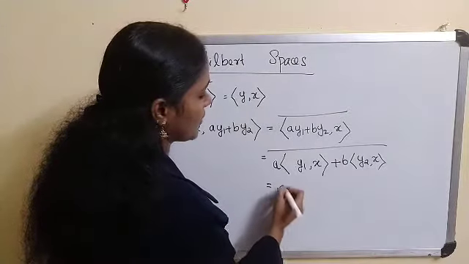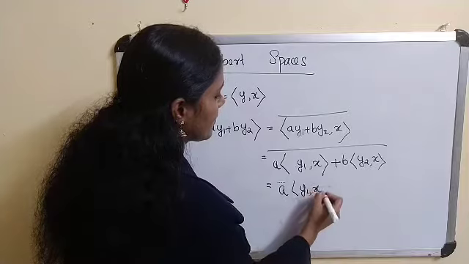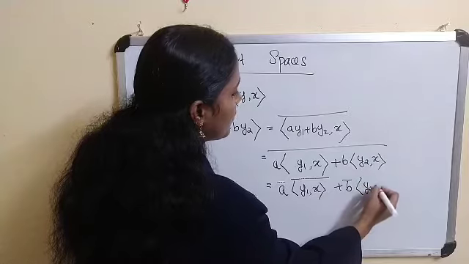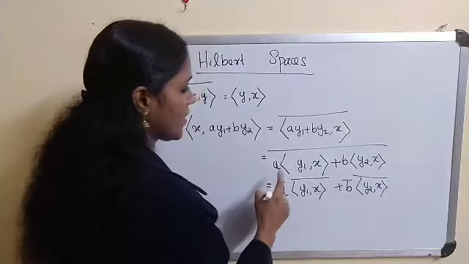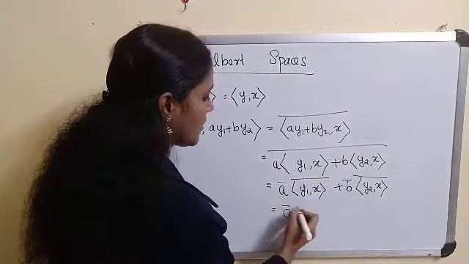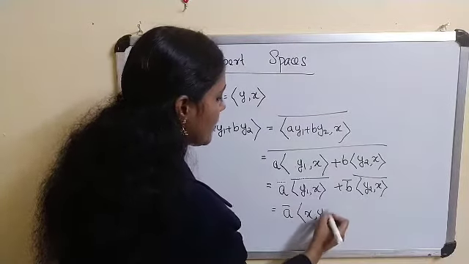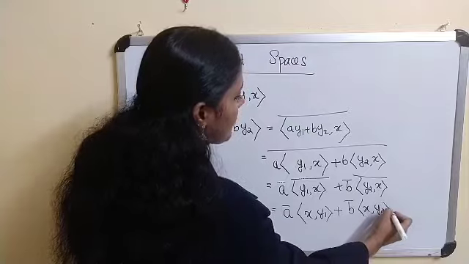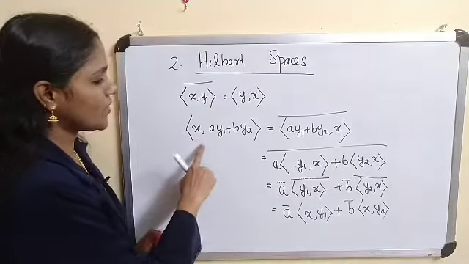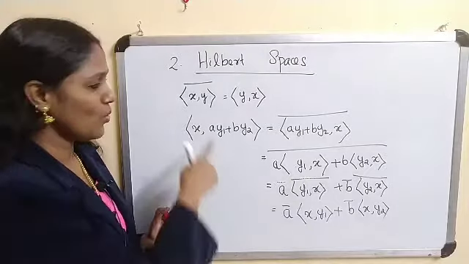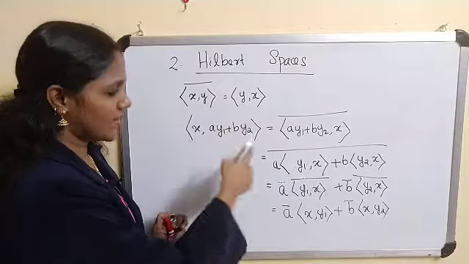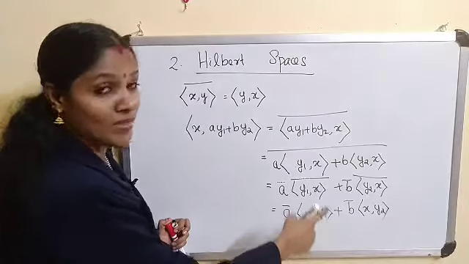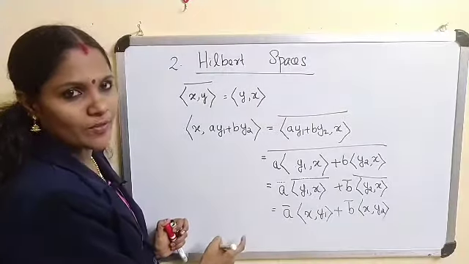This is equal to a conjugate (x, y1) plus b conjugate (x, y2). So the inner product of x, a y1 plus b y2 equals a conjugate (x, y1) plus b conjugate (x, y2).